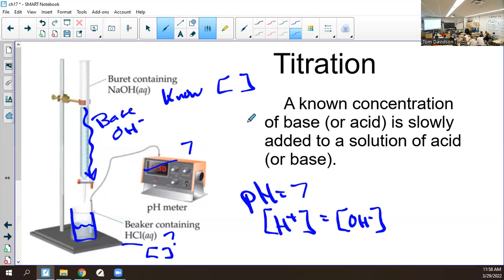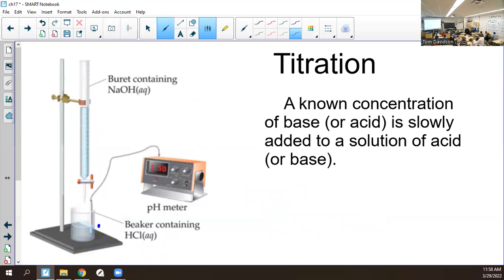All right, so let's just do an example. Let's pretend here that I have 50 milliliters of my acid, H plus. But I don't know the concentration.